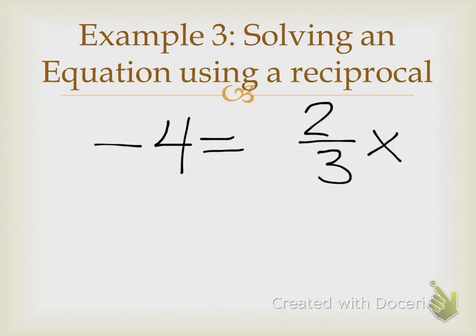Again, what operation is connected with my variable? Multiplication, and I'm multiplying by a fraction. So again, in order to get rid of my fraction, I need to multiply by the reciprocal.